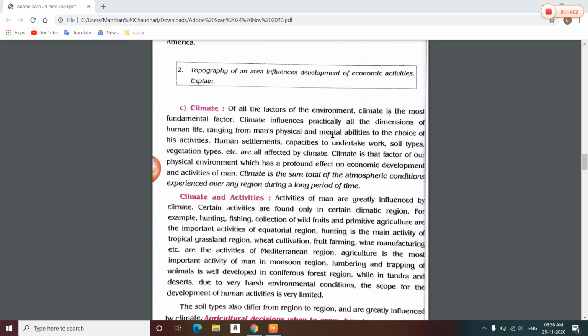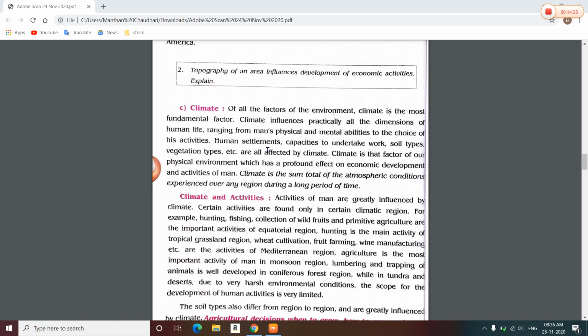Then different crops require different climatic conditions. Even different industries require different climatic conditions. For example, cotton textile industries, jute mills, looms require a humid kind of climate.